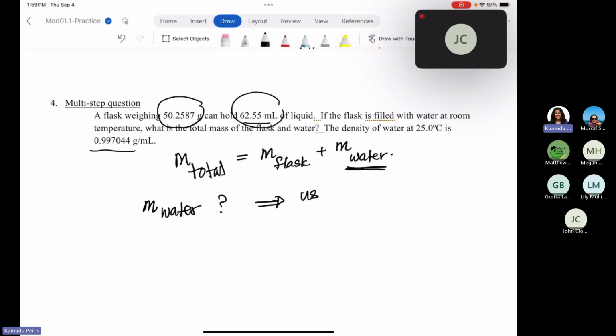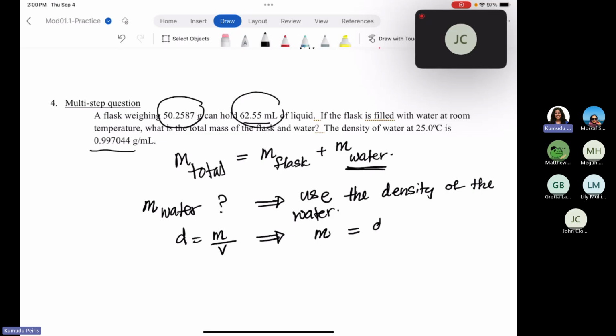So we know the volume, but we do not know the mass. They said this flask will be filled with water, so we should use the density of the water to calculate the mass. D equals M over V, and we rearrange this to solve for M. M will be equal to D times V.